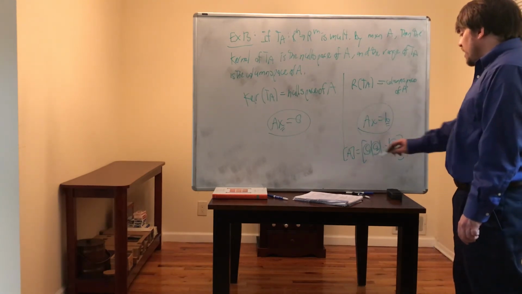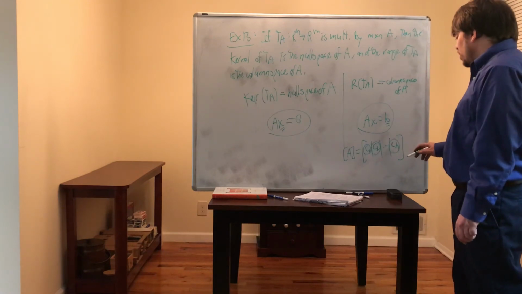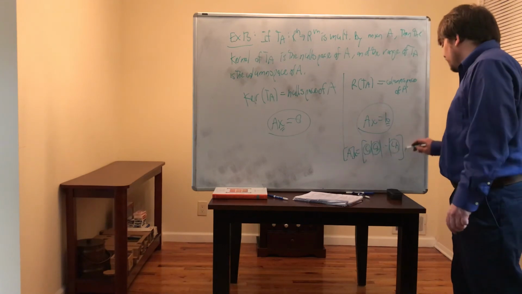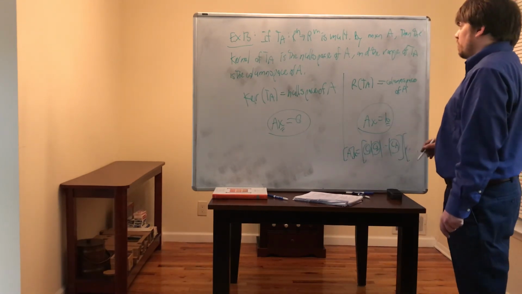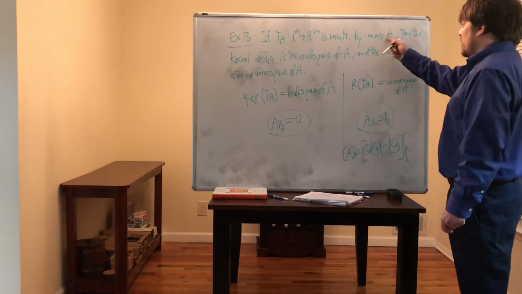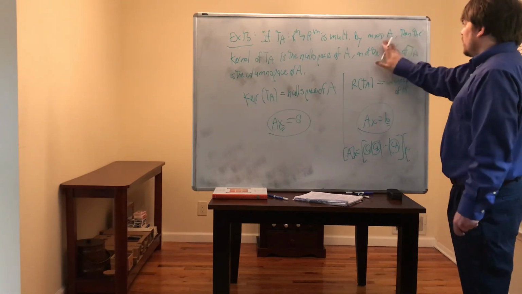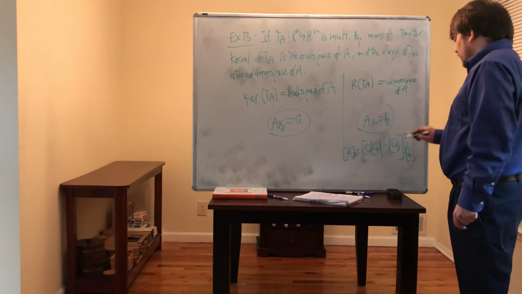Well, the set of all linear combinations of C1 to Cn would just be if I took A here and multiplied it by x on the right side. Well, x is a vector with n components because this is an m by n matrix A, and so I'm multiplying it by an n by 1 matrix here, and I'm getting x1 to xn.